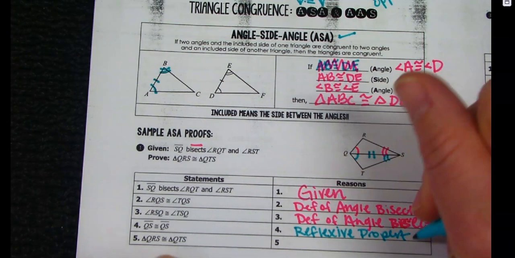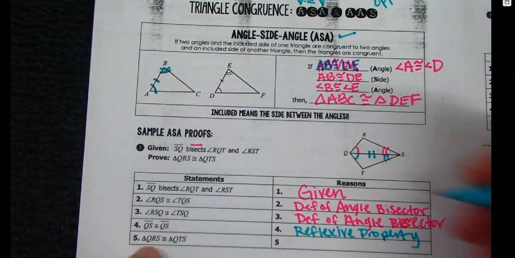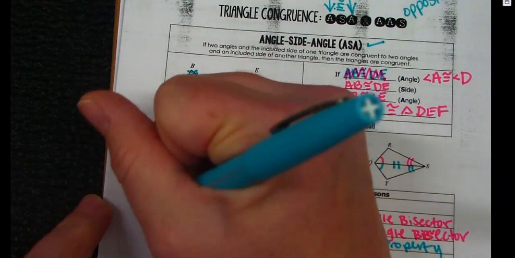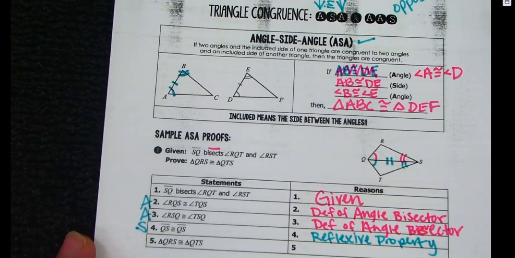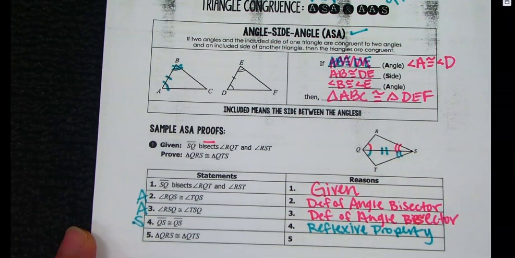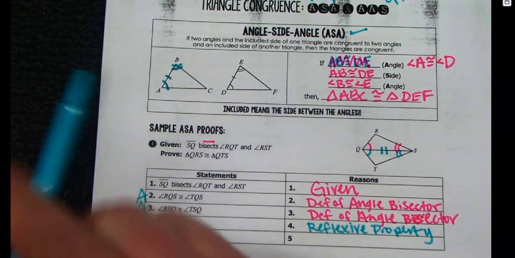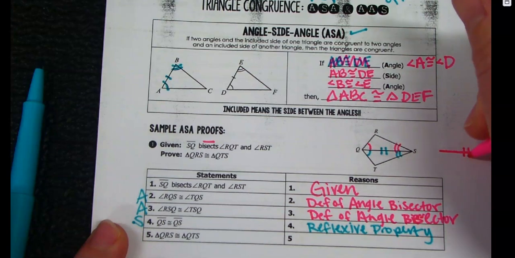How do we prove that these triangles are congruent? Well, we have angle, angle, side. So we need to decide, is this side the included side or is it the opposite side? Because that's going to make all of the difference. We know this side, this angle, and this angle.